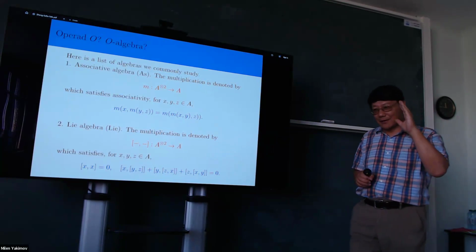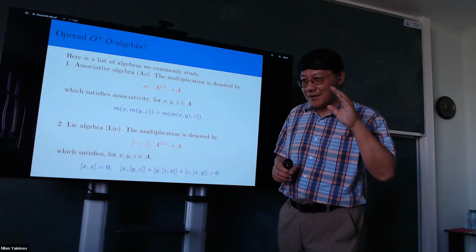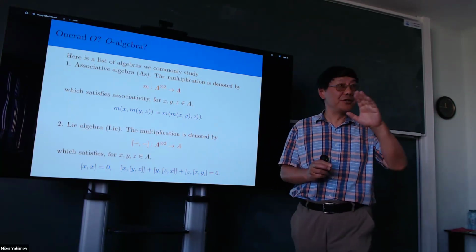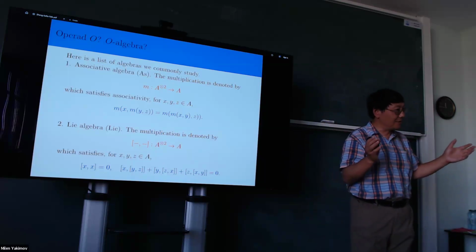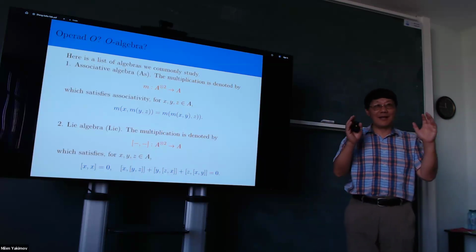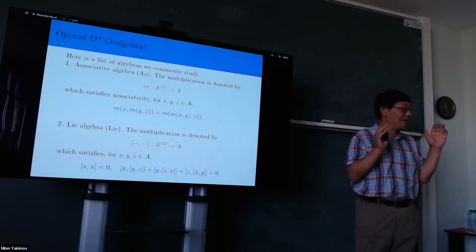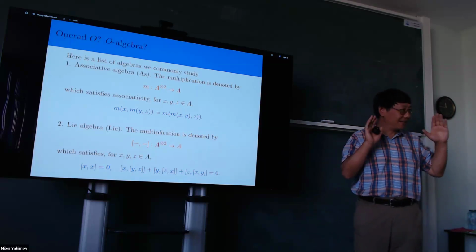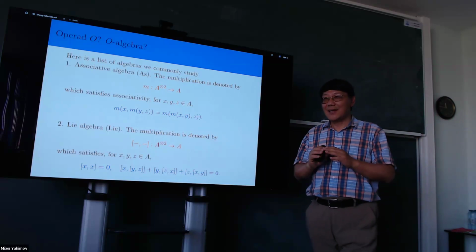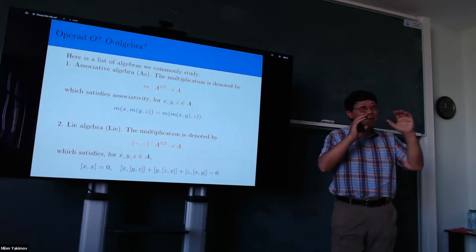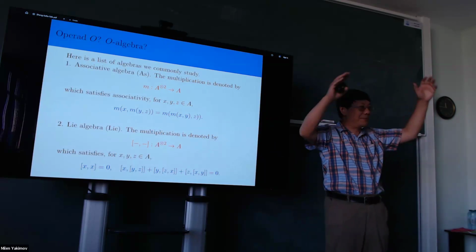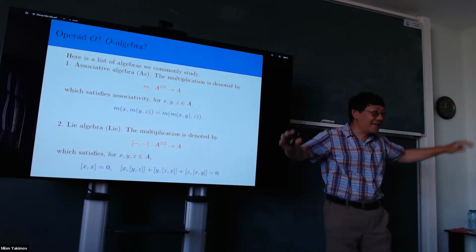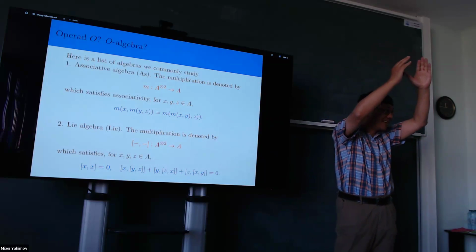If we go back to our associative world, given an associative algebra A, the representations of A are called modules. Then if we consider all the associative algebras as representations of something, that something is an operad.